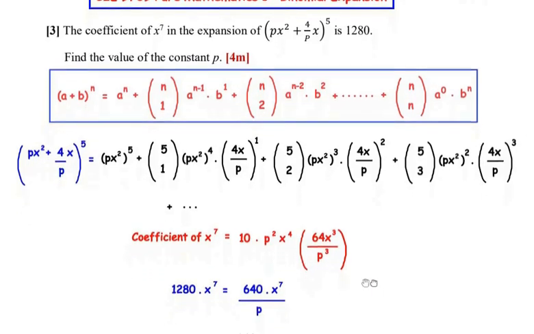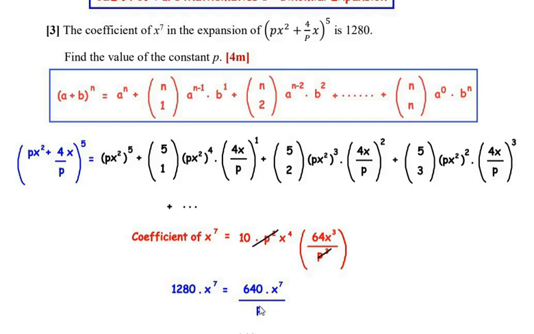In the next step, we have taken the coefficient of x⁷ given, that is 1280x⁷ is equal to 10 times 64, which gives us 640, times x⁴ times x³, which gives us x⁷. Now 2 p's in the numerator divide 2 p's in the denominator, giving us a single p in the denominator.